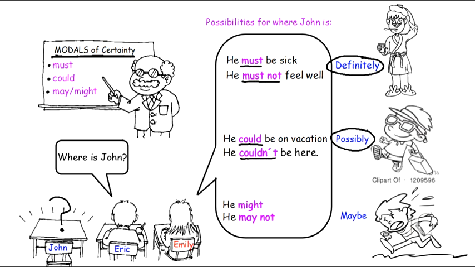Okay? Now, let's look at the third situation. Here John is, and it looks like he's running. He's looking at his watch, right? So she's thinking maybe this is what's happening. When we think maybe, we're using our modals might and may. So she's thinking, well, he might be late. Or, in the negative, he may not be on time.